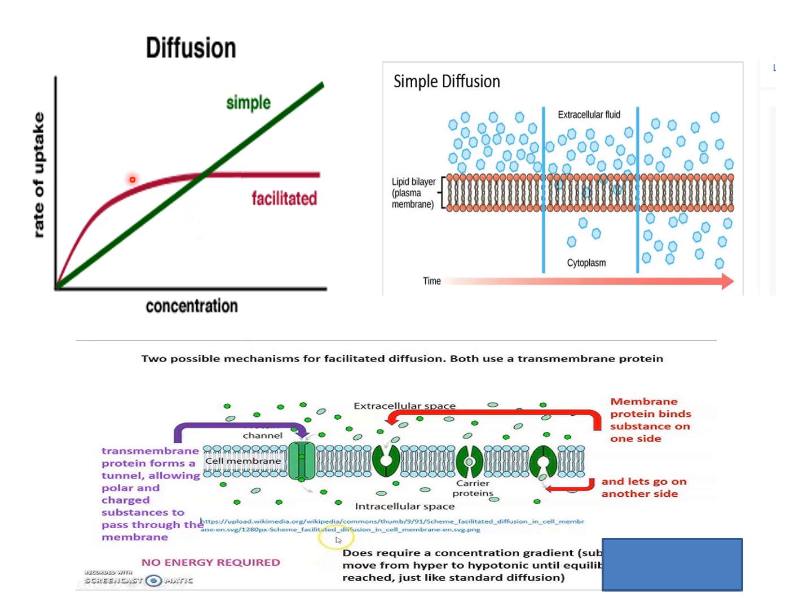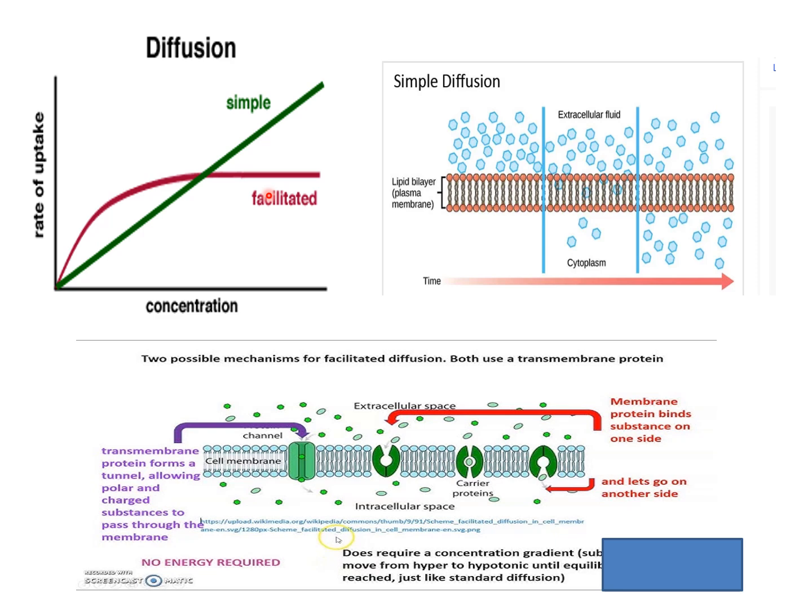At that time, a further increase in concentration on one side of the membrane will not enhance the rate of diffusion. So it will come to a saturated phase. This saturation kinetics is the speciality of facilitated diffusion.